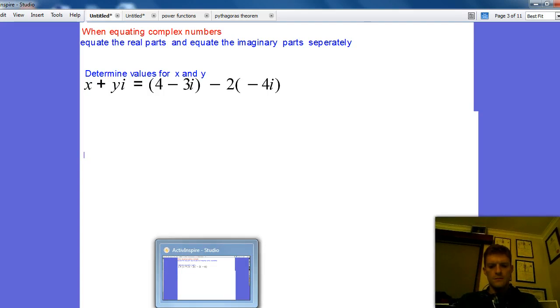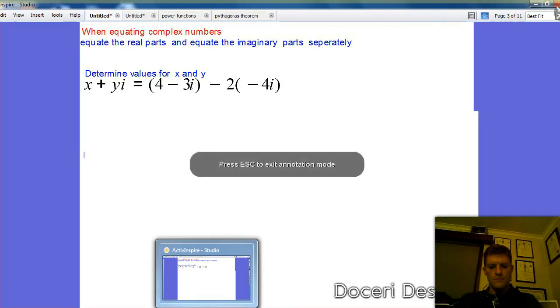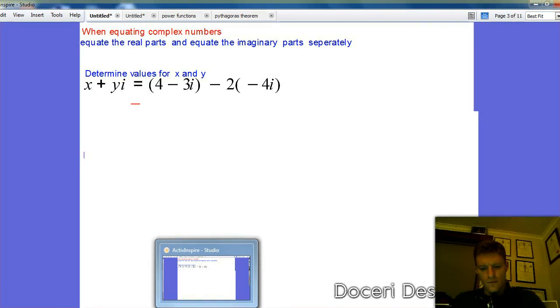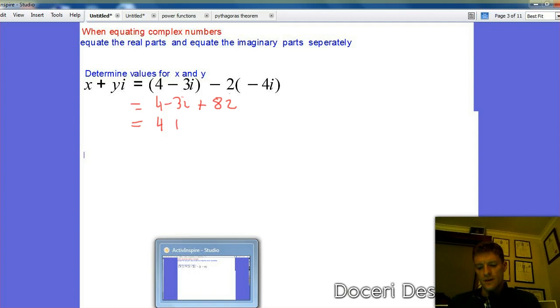Okay, let's see if we can do the workings. So we have 4 minus 3i. Now in the second bracket, let's multiply it by -2, and we get positive 8i. And simply we can see, in collecting the imaginary numbers, we'll have 4 plus 5i.